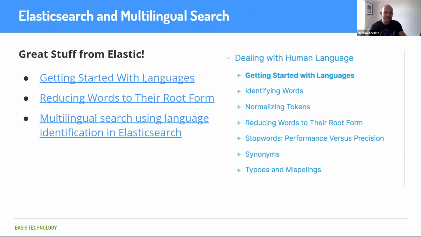These links can be made available, but there's a whole bunch of blog entries and links on the Elastic websites that help you understand where you might get started with using languages, because Elasticsearch allows you to apply different language analyzers for the tokenization and the normalization as you index. So reducing a word to the root form, that's all about the normalization, and then how you would do a workflow.